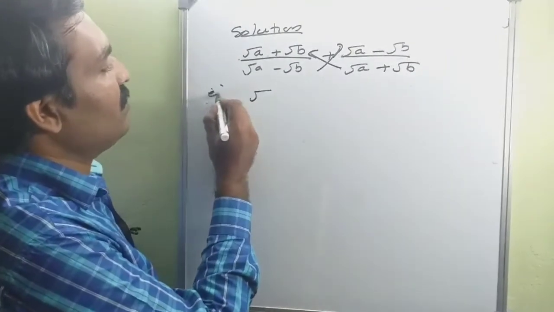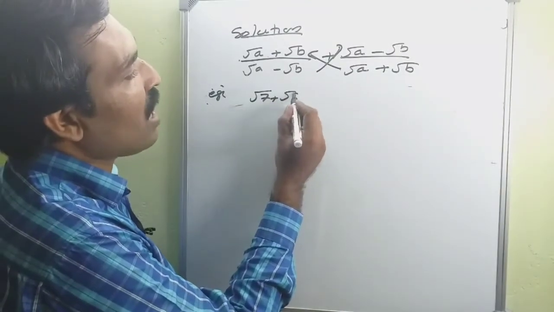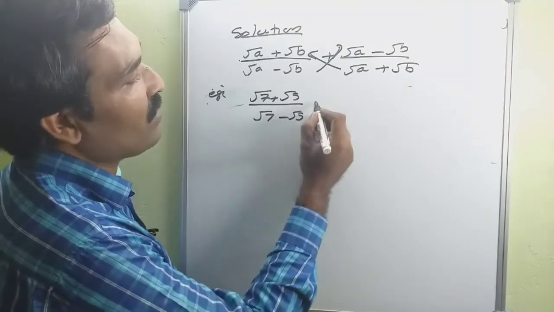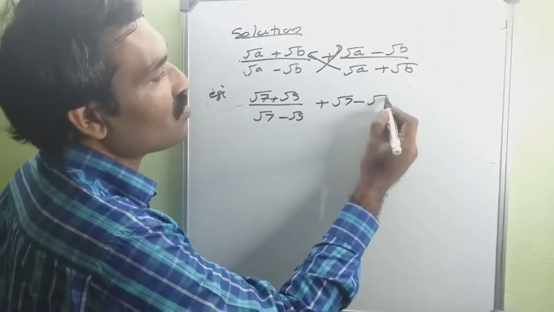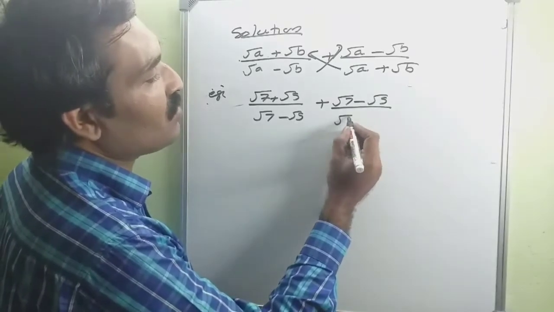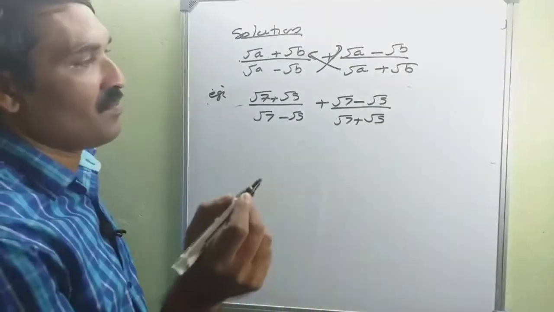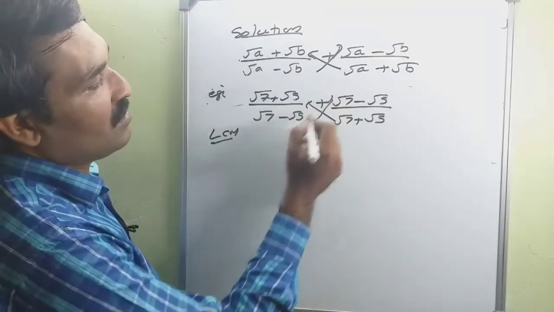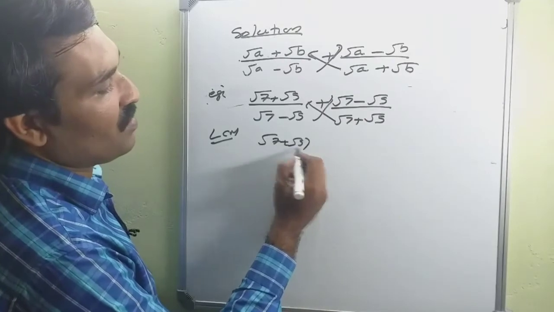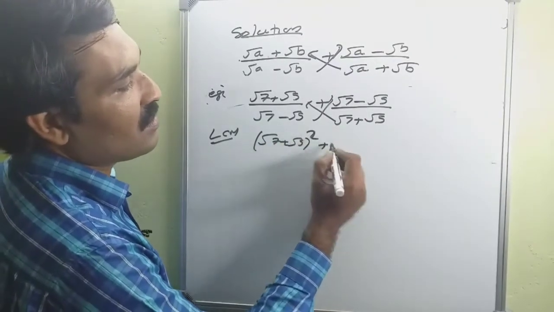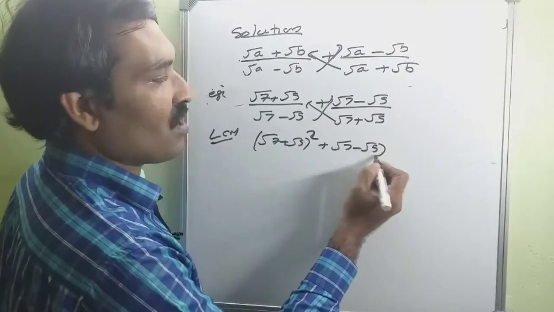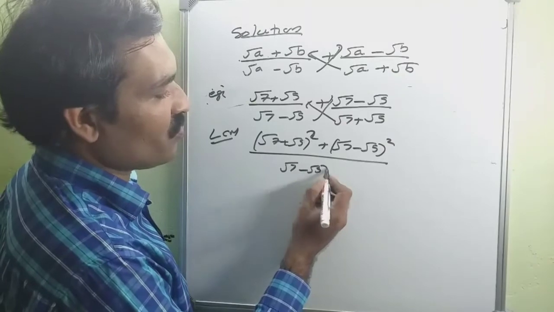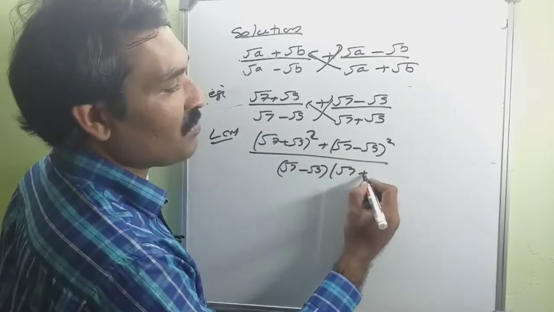Root 7 plus root 5 divided by root 7 minus root 5, plus root 7 minus root 5 divided by root 7 plus root 5. Now take the LCM. We get root 7 plus root 5, the whole square, plus root 7 minus root 5, the whole square, divided by root 7 minus root 5 into root 7 plus root 5.